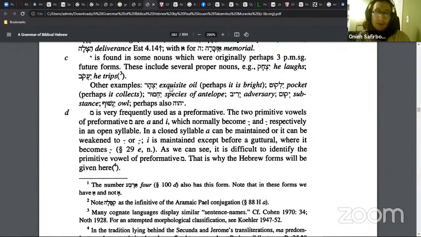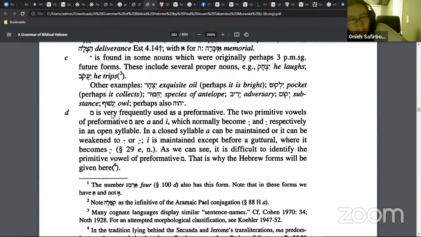Other examples: exquisite, oil, pocket, a species of antelope, adversary, substance, an owl, perhaps also Yahuwah, they're saying, with yod added.